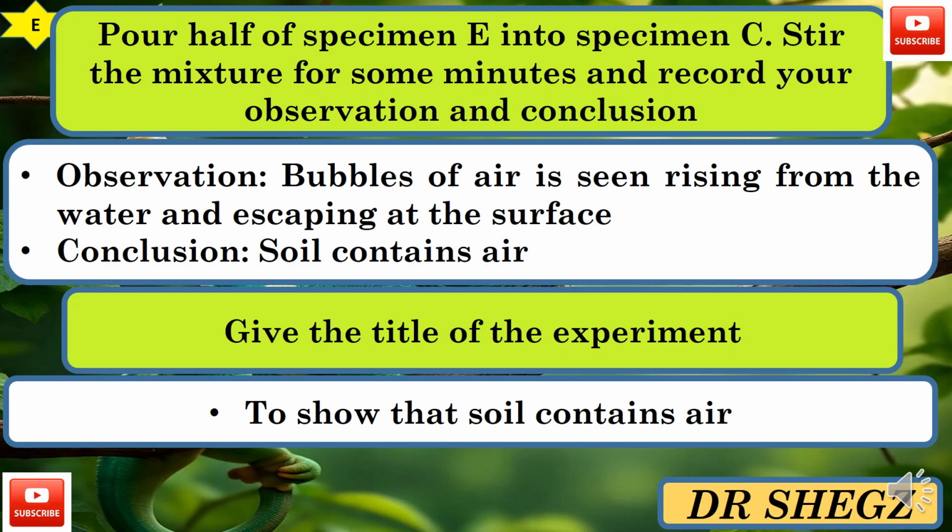Then this is the observation you will get. However, since it's 20 ml of water, this particular question may not necessarily be asked, but we learn it all the same. Bubbles of air are seen rising from water and escaping at the surface. Soil contains air. Title of experiment: to show that soil contains air.